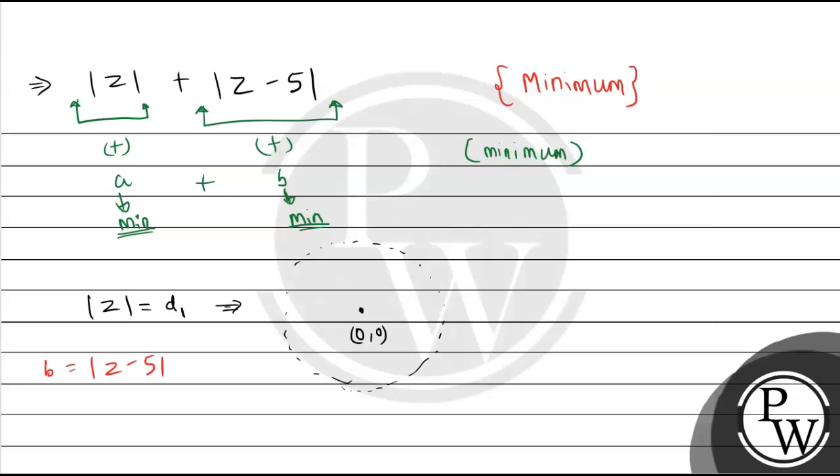Now z minus 5 represents another circle with center at 5 comma 0 and radius we don't know, so we assume it as d2. The center point is given as 5, 0, and there will be one circle around it with radius d2.